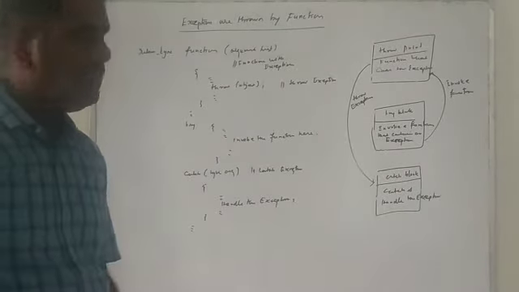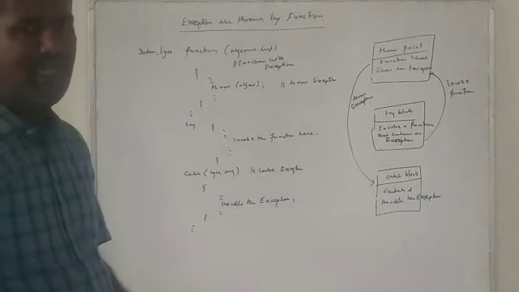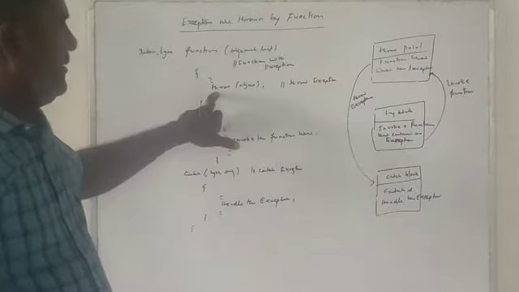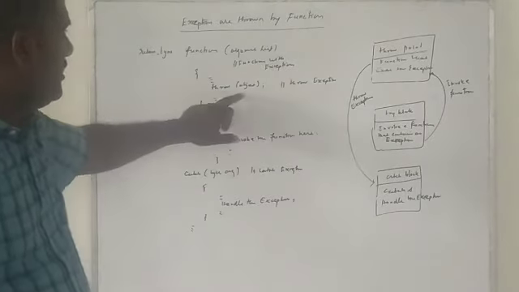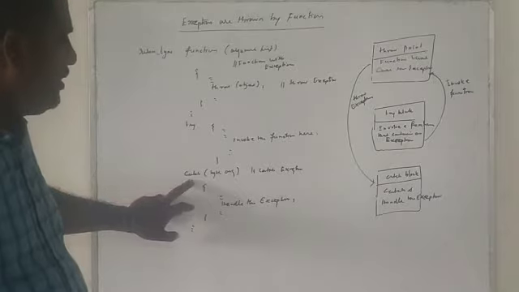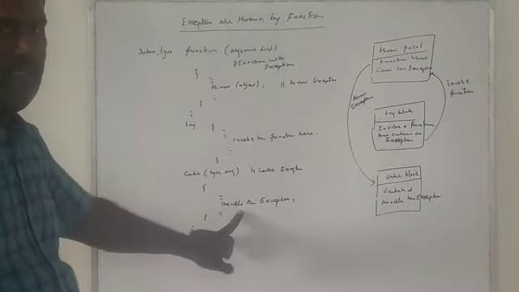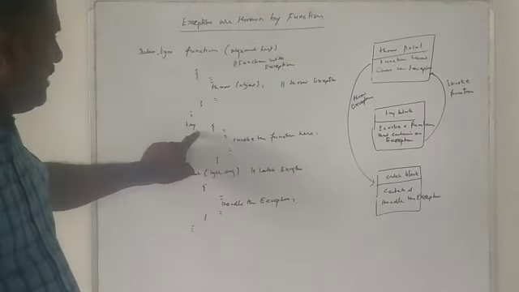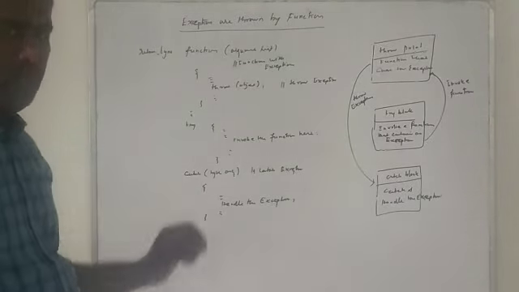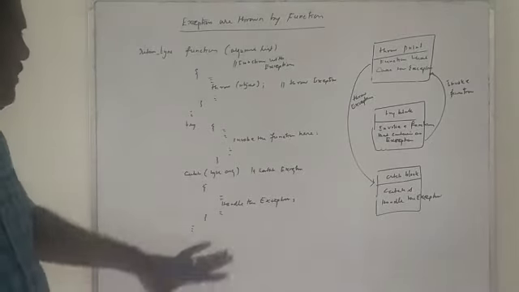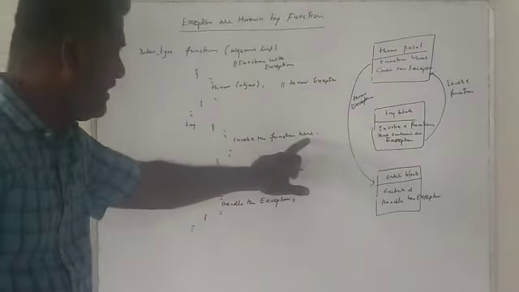The try block is used only to invoke the function.